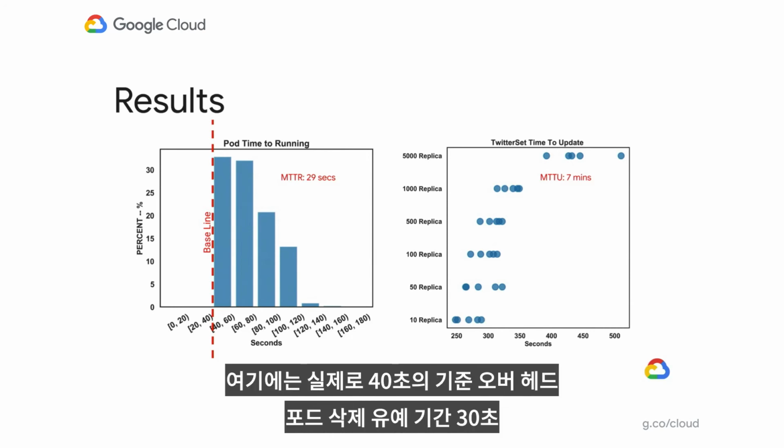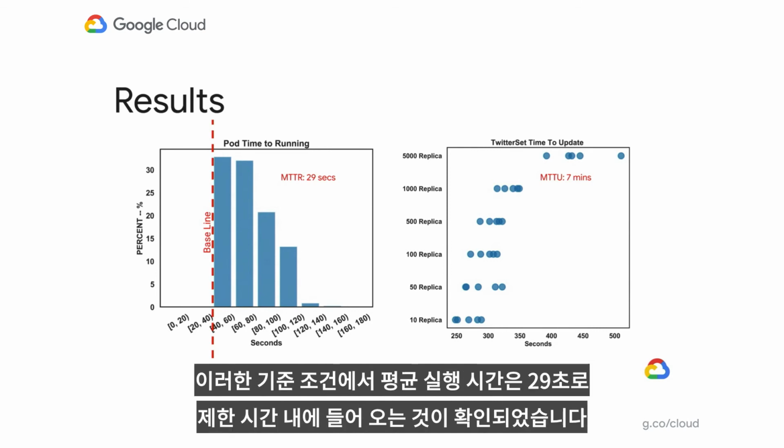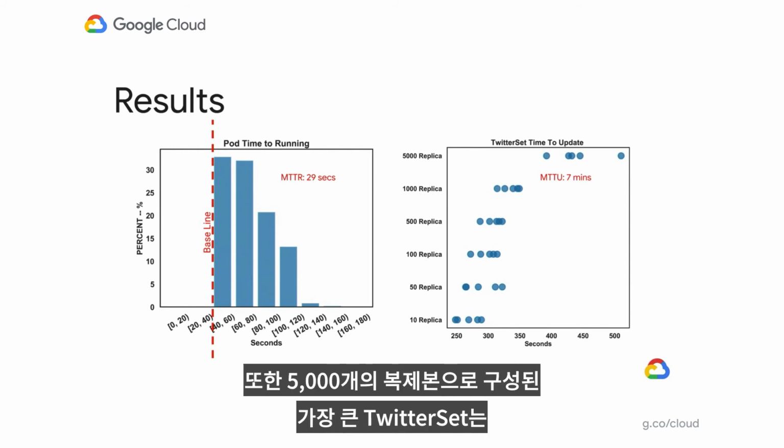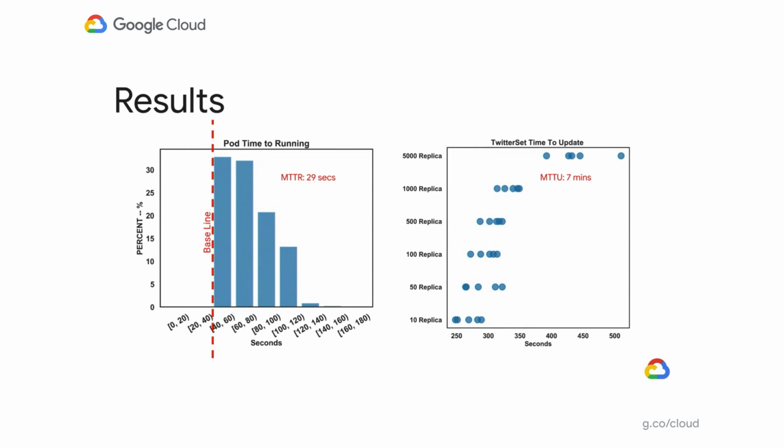Note that this actually includes that 40-second baseline overhead: 30 seconds for pod delete grace period, and 10 seconds for minimum ready seconds in our test setup. Given the baseline, we see that mean time to running is 29 seconds, which is within bound. We also see that the largest Twitter set with 5,000 replicas takes on average 7 minutes to update, which is again within our 10 minute SLO bound.